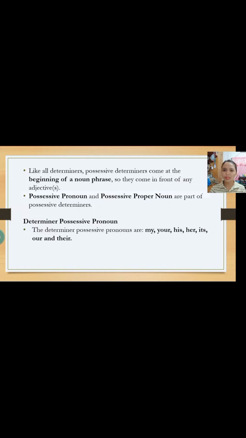Possessive pronouns and possessive proper nouns are part of possessive determiners. The determiner possessive pronouns are my, your, his, her, its, our, and their. I want to clarify that these are determiners, so don't confuse them with pronouns.